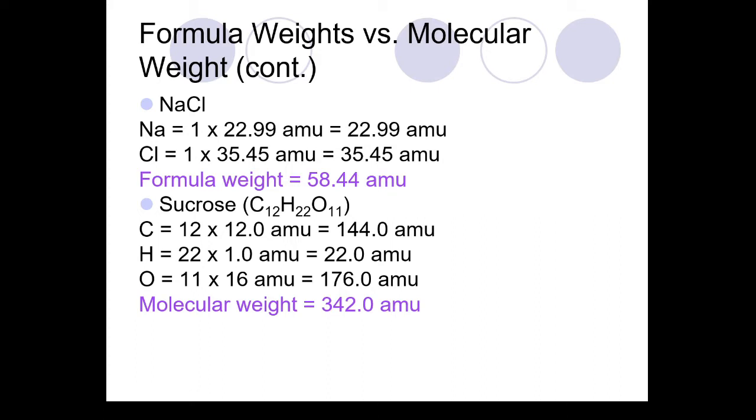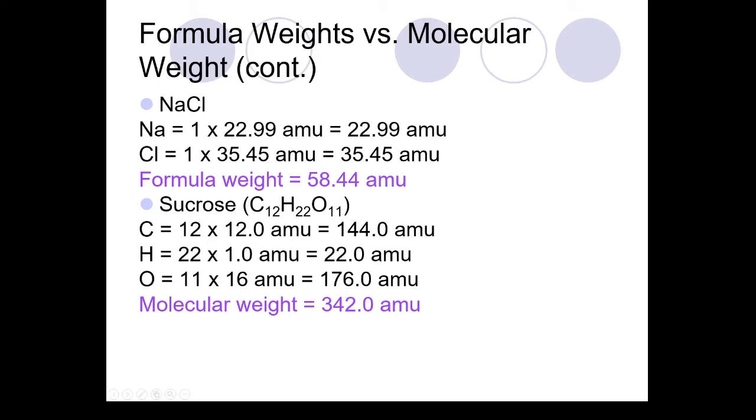So sucrose would be 12 times 12 for carbon, 22 times 1 for hydrogen, and 11 times 16 for oxygen, and then you add them up, and that is the total mass of the compound.